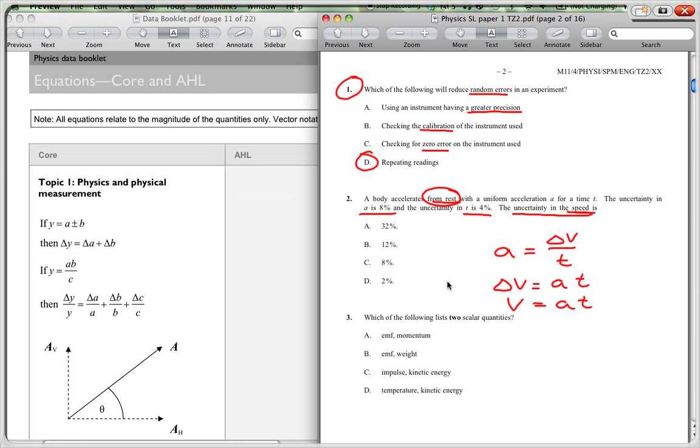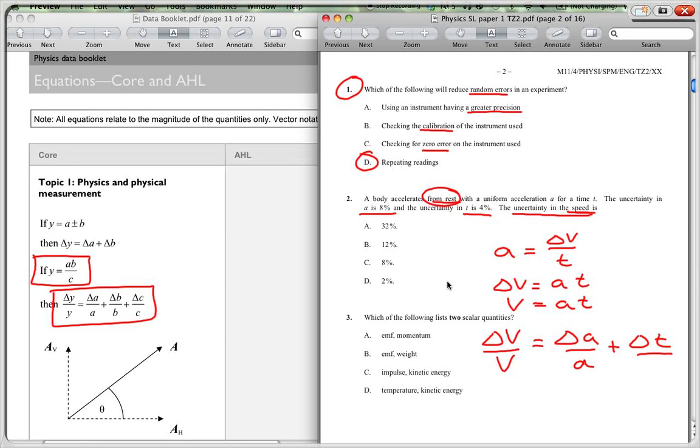Now we're going to use this formula, where we can find our uncertainty in percent. So the uncertainty in v over v is going to be our uncertainty in a over a plus our uncertainty in t over t, like that.